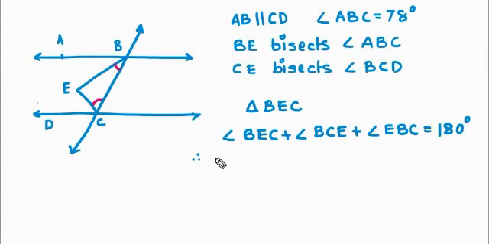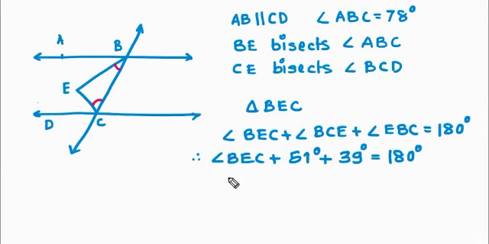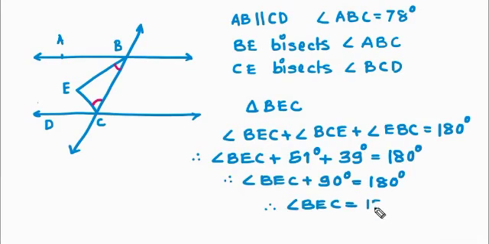And we have BCE we calculated as 51 degrees and EBC was 39 degrees. Ninety goes that side, becomes minus. And we have proved that it is 90 degrees.